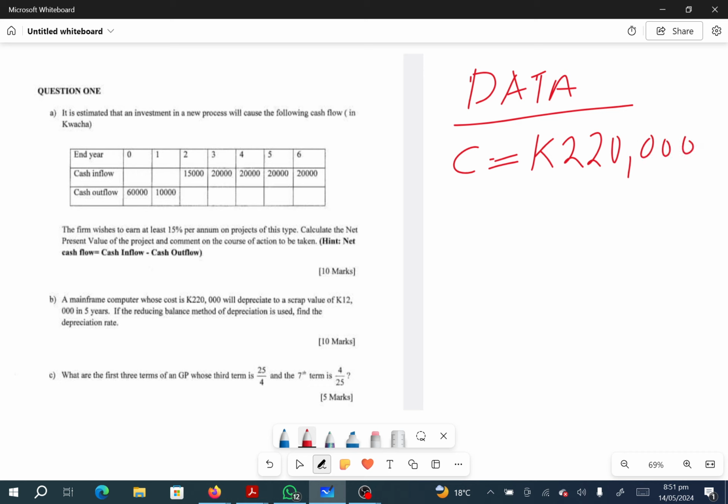Then we have been given the scrap value. The other name for scrap value is the book value. So the book value or scrap value, CV in terms of T, is equal to 12,000.